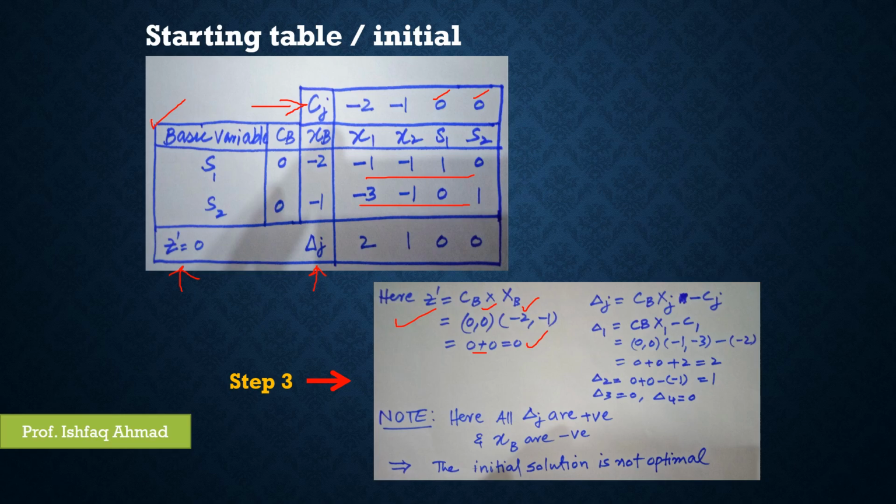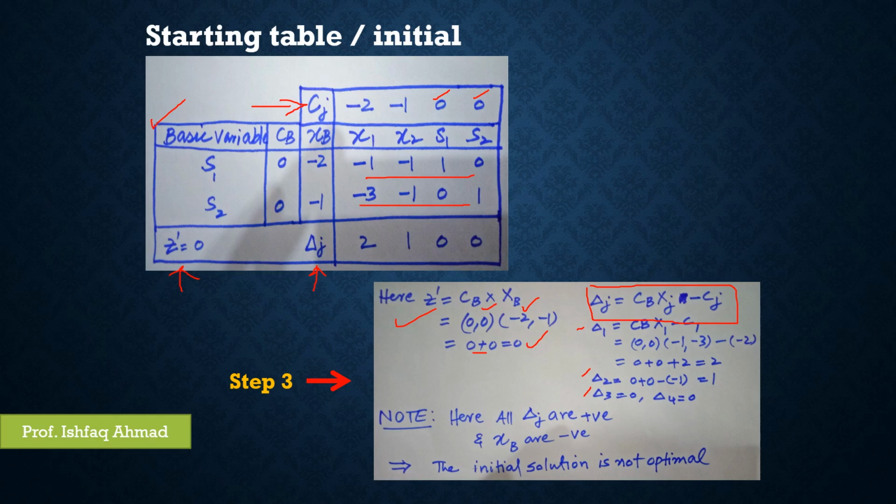And how can we find delta J? For delta J, we use this formula, that is CB into XJ minus CJ. And we find different values, delta 1, delta 2 and delta 3. How can we find delta 1?